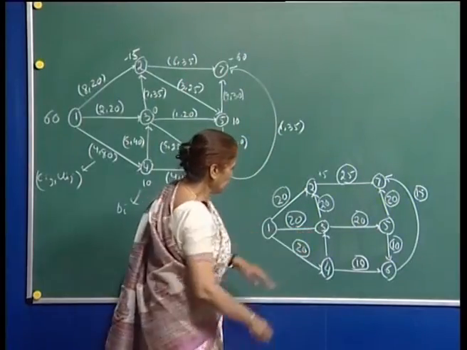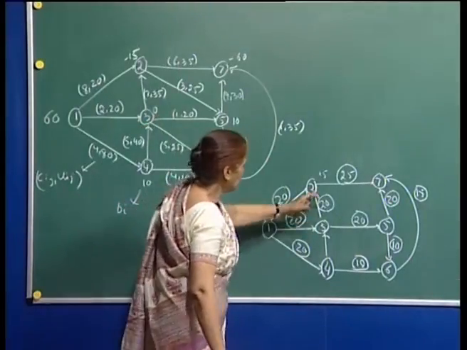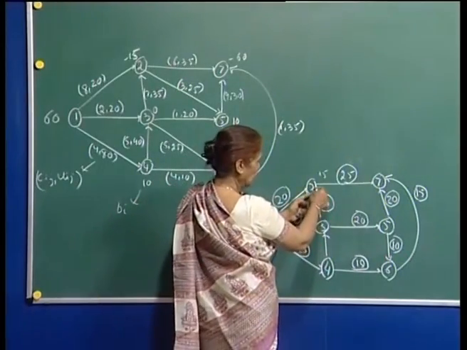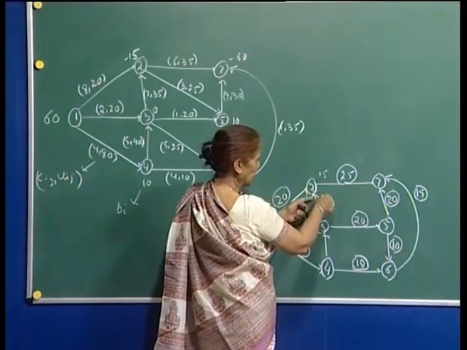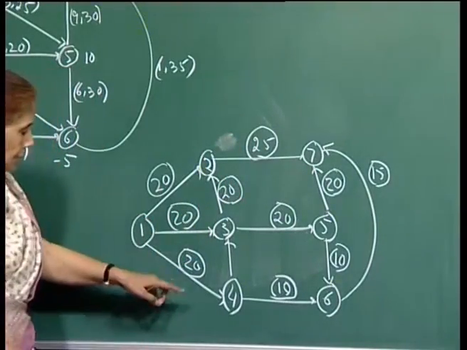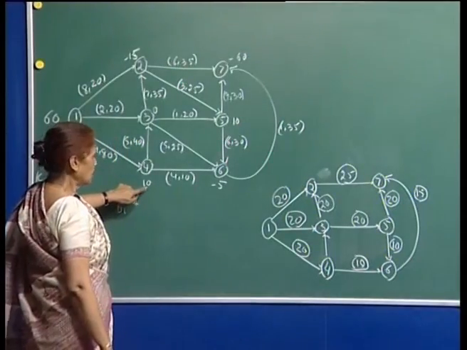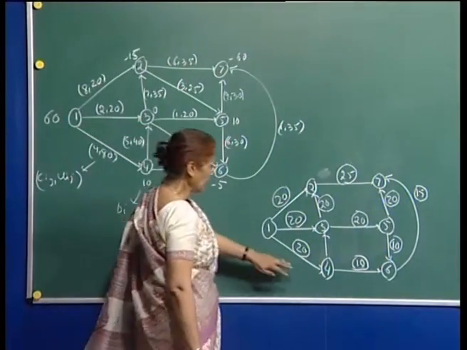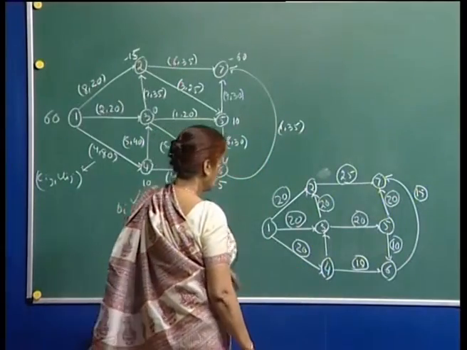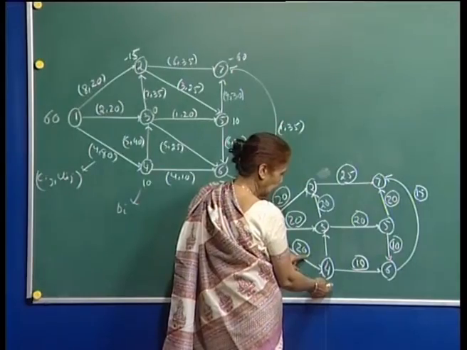Now, look at the 20 coming to node 3. Node 3 has no demand. So, I will send this 20 along the first arc outgoing from here, and so this becomes 25. This gets used up. Now you come to node 4, and node 4 has 10 units available. So, 10 plus 20 is 30.